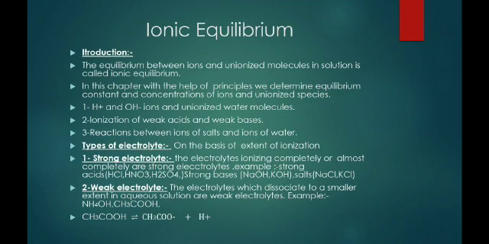For example, suppose 10 mole of acetic acid partially dissociates, like 0.2 mole will dissociate. When more than 0.2 mole dissociates, then again these ions will combine and convert into acetic acid. So after some time an equilibrium exists between dissociated ions and undissociated molecule, which is called what? Ionic equilibrium.